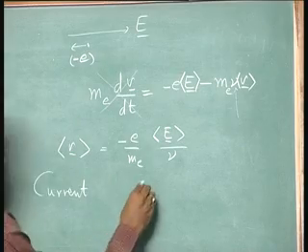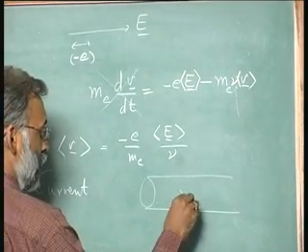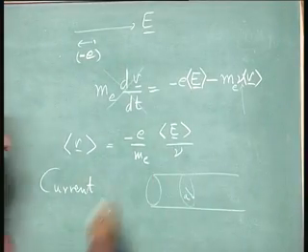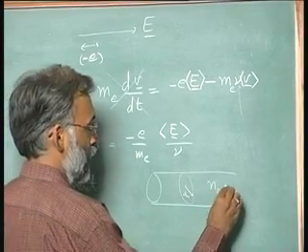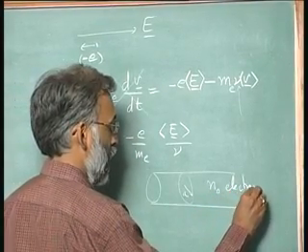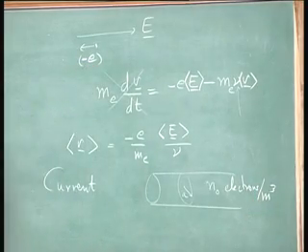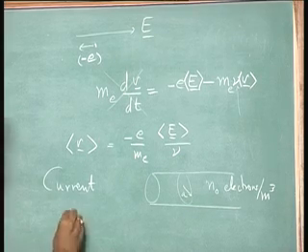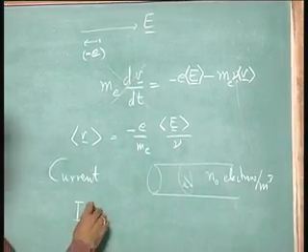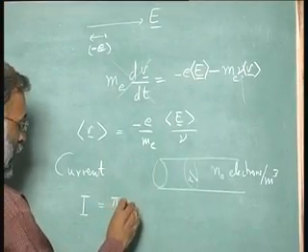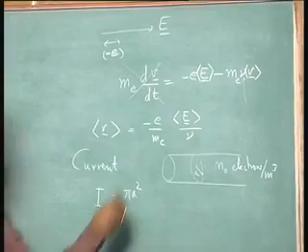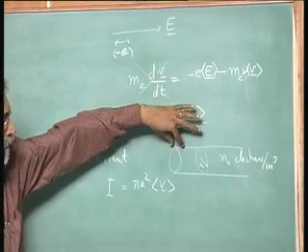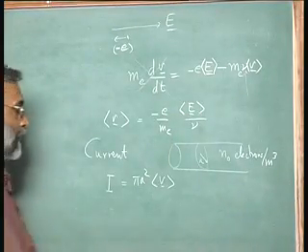So if I have a wire with a radius a, and if the wire has n naught electrons per meter cubed, then the current that flows will have to be pi a squared times this V bar. This is the volume swept out in 1 second times n naught.